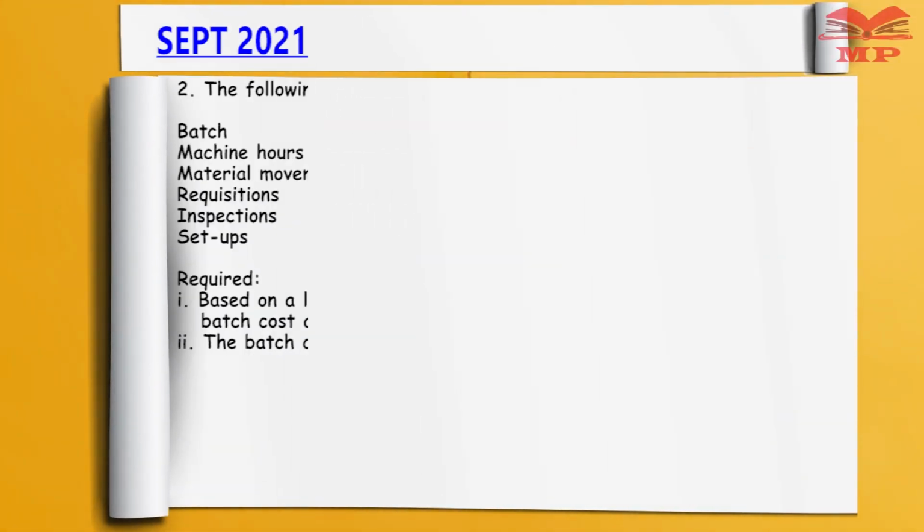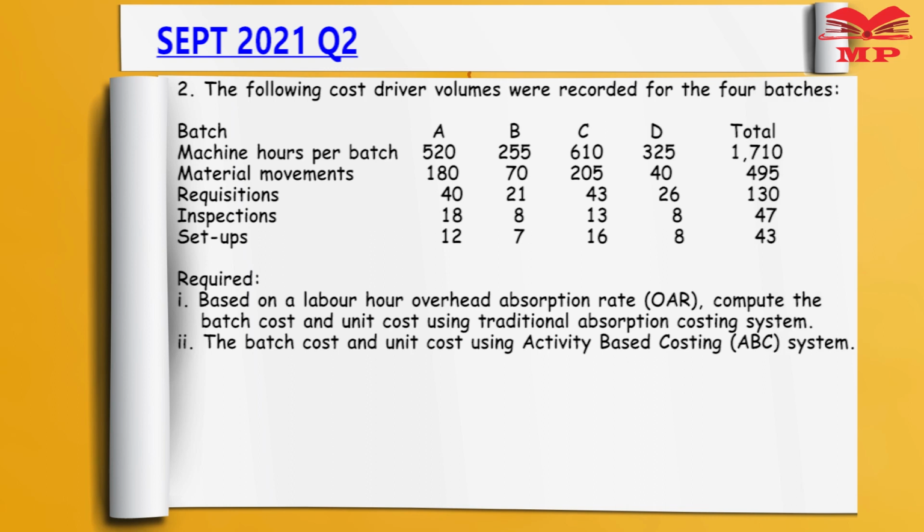Then number 2, the following cost driver volumes were recorded for the 4 batches, for batch A, B, C and D. Then required part 1, based on a labor hour overhead absorption rate, compute the batch cost and unit cost using traditional absorption costing system.